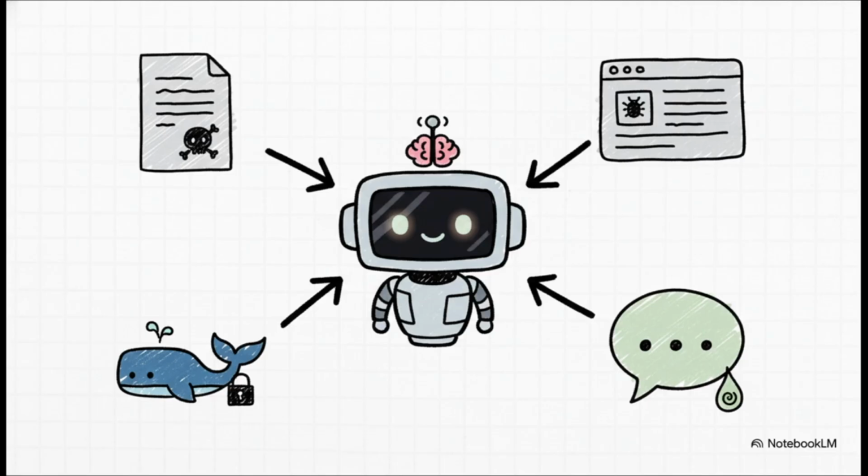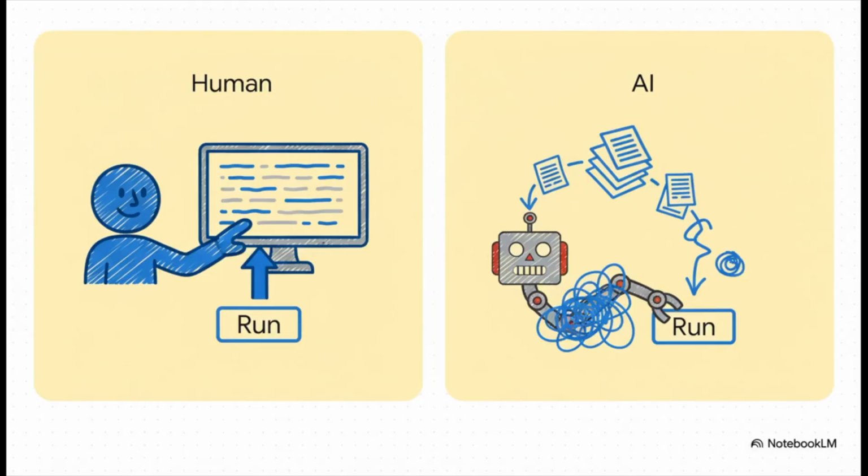Or maybe a compromised code example that gets pulled in by a RAG system. That's the tech that fetches external data to answer your questions, also called retrieval augmented generation. The second you connect an AI's ability to read with its ability to execute, the risk just multiplies like crazy.